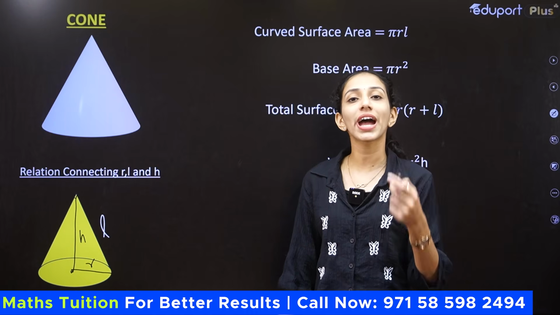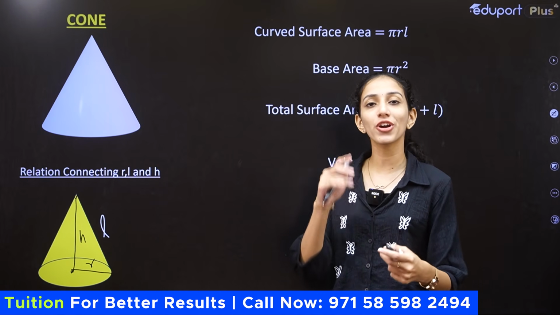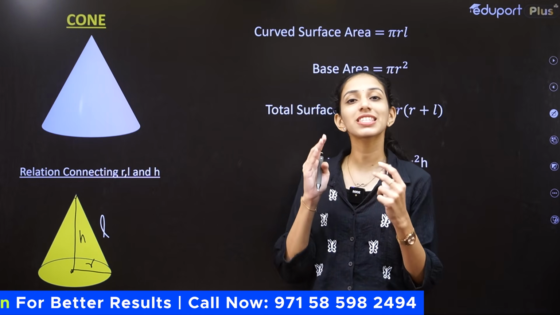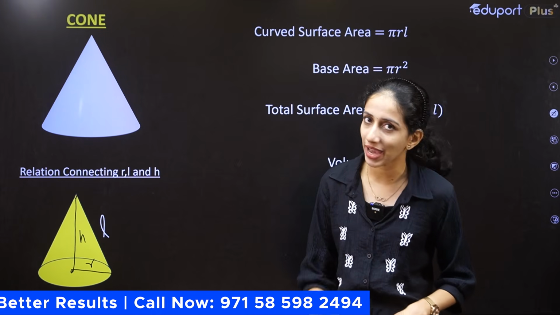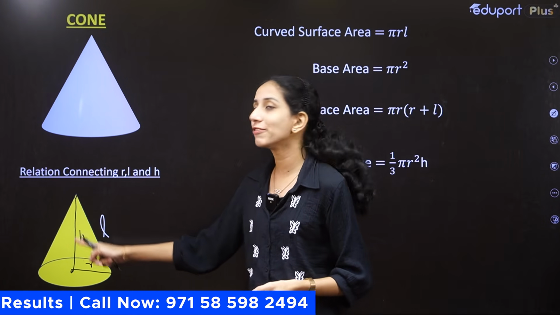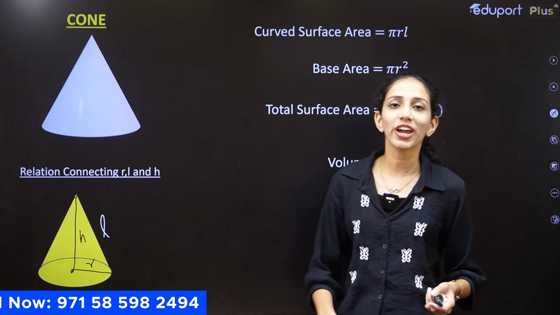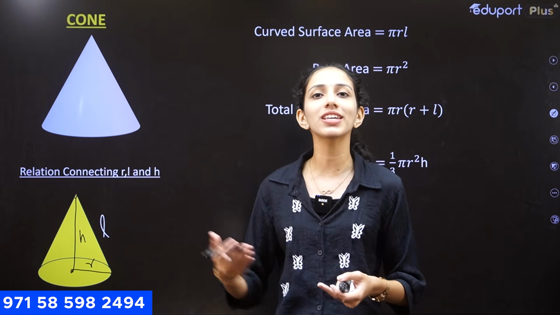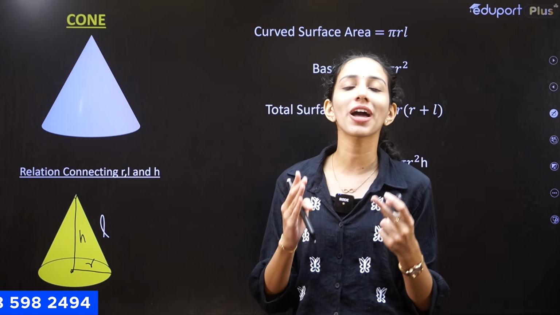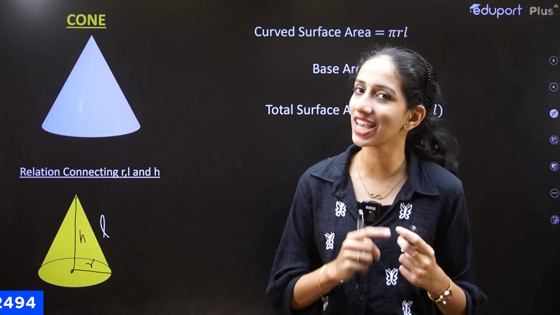Yes, it is a right-angled triangle. So if you have a right-angled triangle, it is clear that it satisfies the Pythagoras theorem. And we have the sides of the right triangle as L, H and R. Okay, so if you apply the Pythagoras theorem here, we can form a relation connecting L, H and R, right?